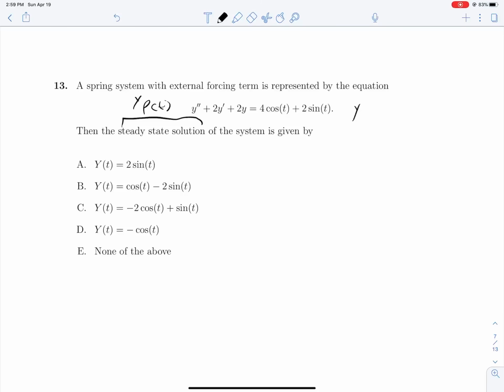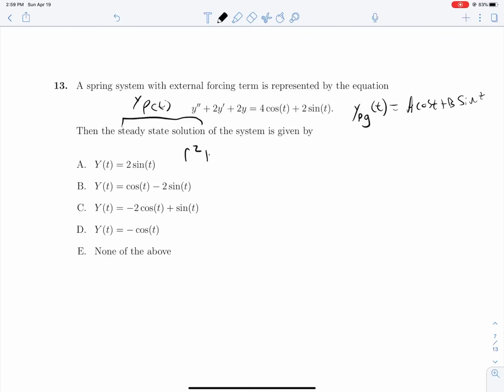We would like our guess for y particular to be a cosine t plus b sine t, just generalizing what we see over here. But if the roots of our characteristic equation just are plus or minus i, then we have an issue. So let's see if they are.